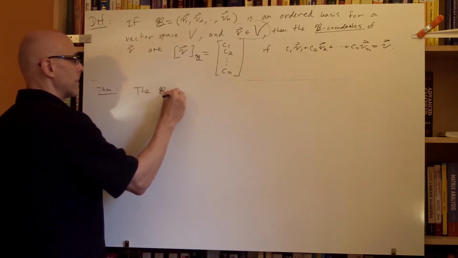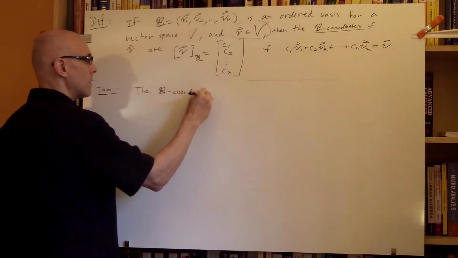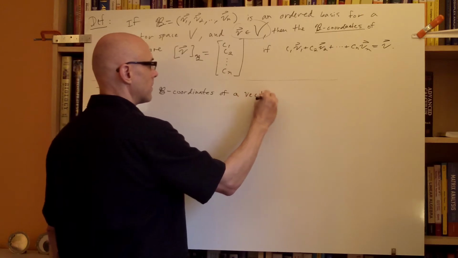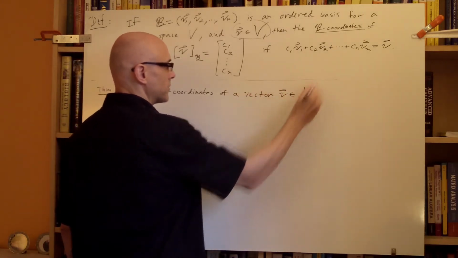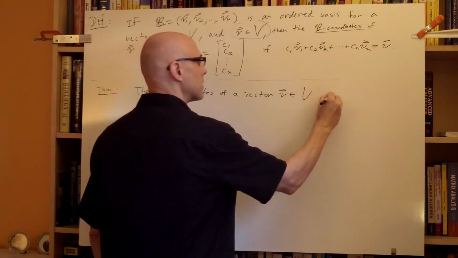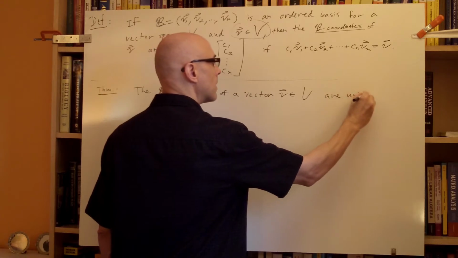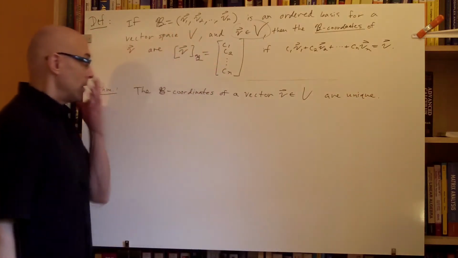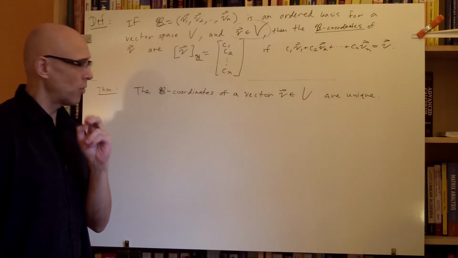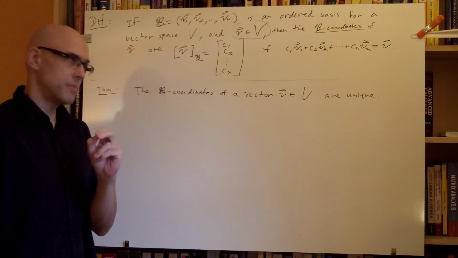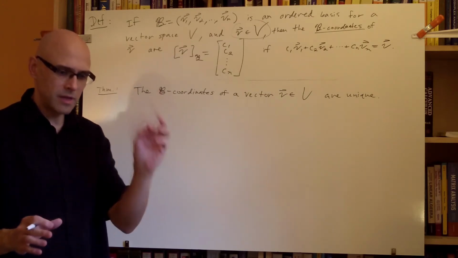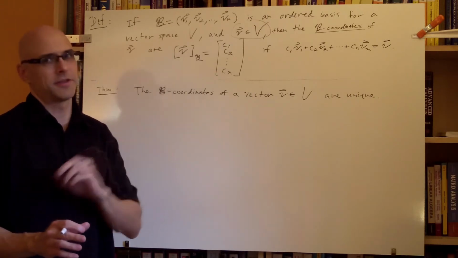Theorem here. The B coordinates of a vector V in a vector space, big V, are unique. That's kind of crucial because whenever you have a coordinate system, you would like it to be that every place on the map has a unique set of coordinates.